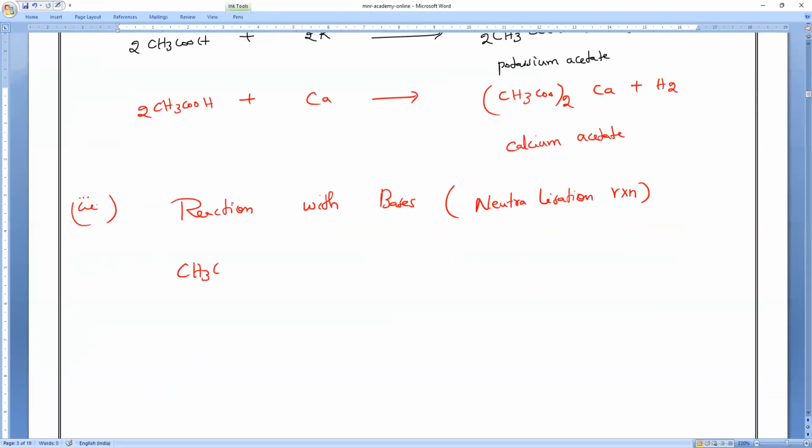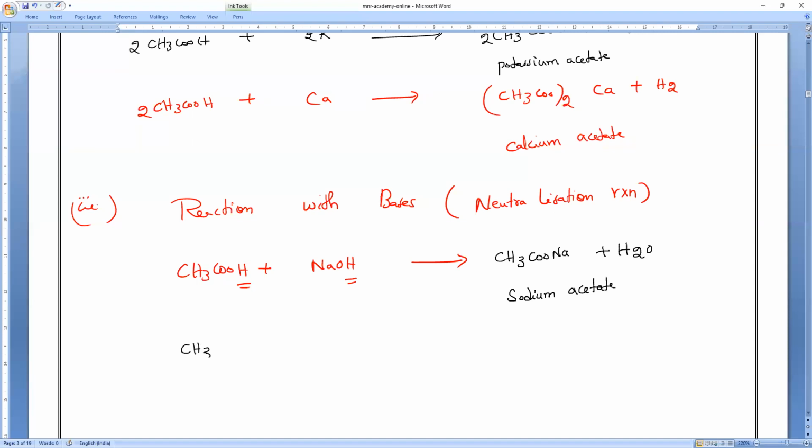CH3COOH, acetic acid, is reacting with sodium hydroxide. So what will happen? A weak acid reacting with a strong base gives us a basic salt, plus water. What is the name of this salt? Sodium acetate. Okay.